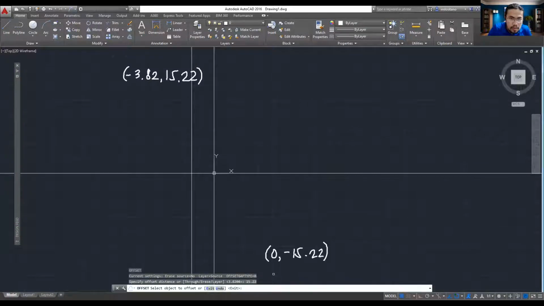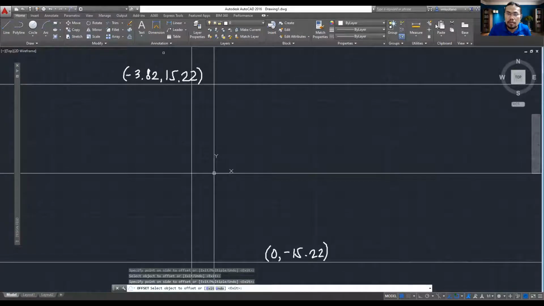So the points that we are trying to find are actually already identified. So this is the first point, and this is the second point.